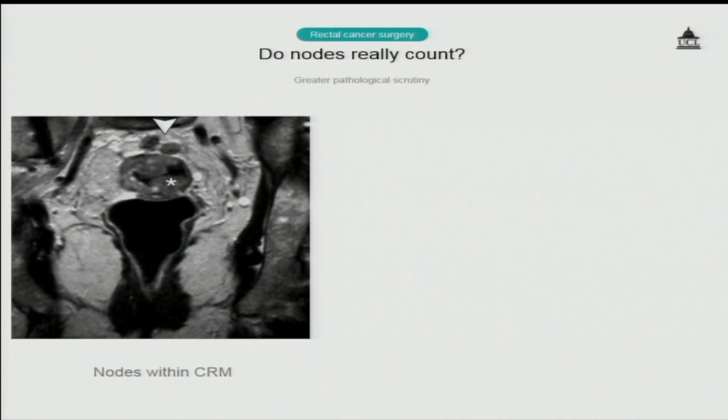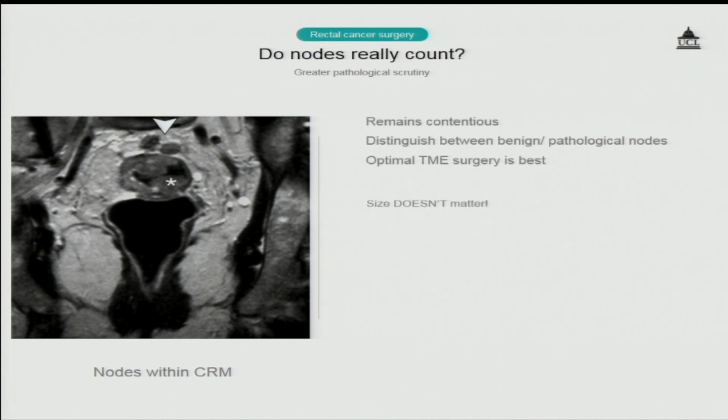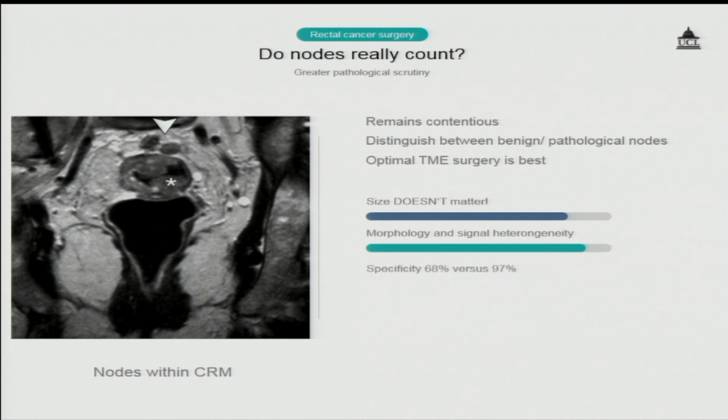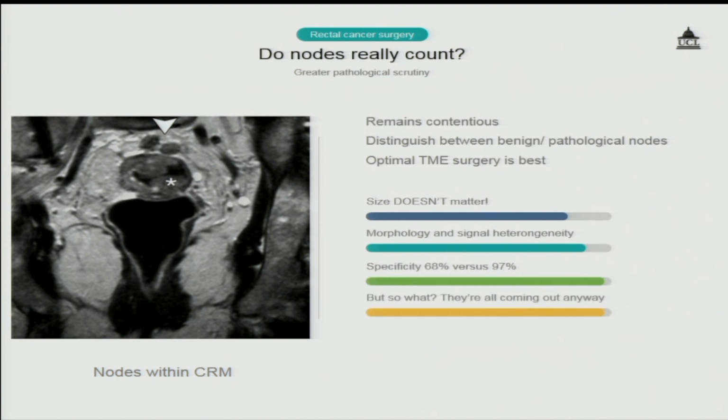So then nodes. Firstly, MRI, albeit the gold standard, there is no accurate way of differentiating nodes on imaging. MRI is the best we have. However, how you decide to determine whether you've got a malignant mesorectal node or not remains contentious, but it shouldn't be.